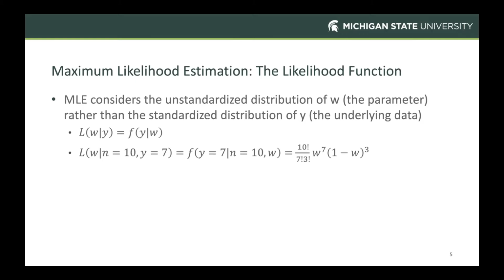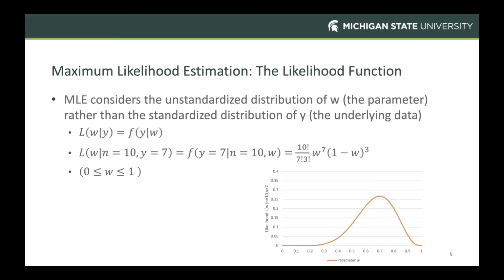So we basically just reoriented this, and we're concerning ourselves with the distribution of w rather than the distribution of y based on w. And so from this, we can try to determine what parameter w would maximize this likelihood function for the specific sample that we've observed.